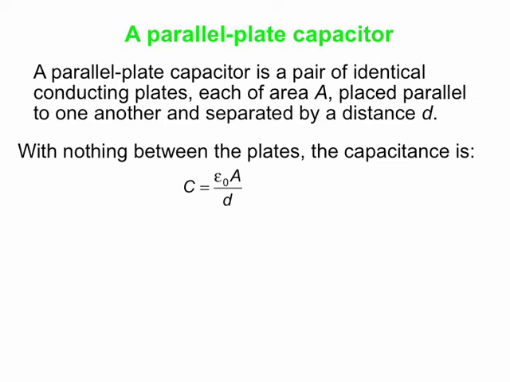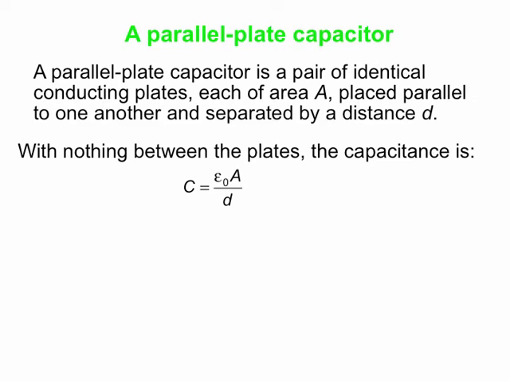We're using our symbol C for capacitance, is some constant epsilon naught, that's this funny squiggly E with a 0 next to it. You say that as epsilon naught, N-A-U-G-H-T, naught, times area, A, divided by d, the distance between the plates.